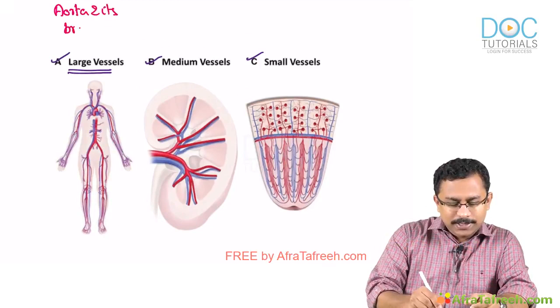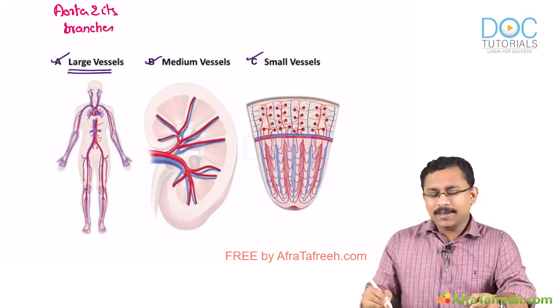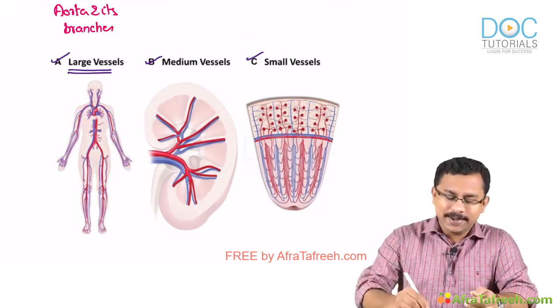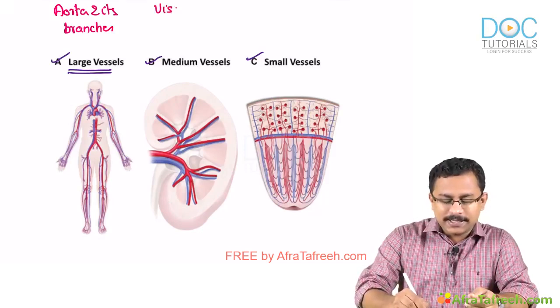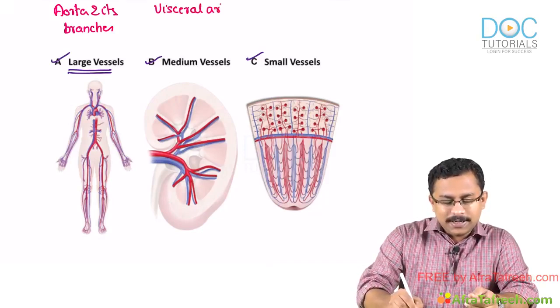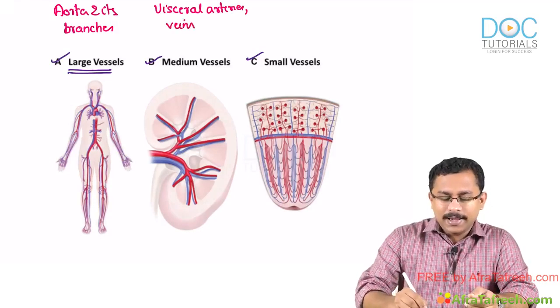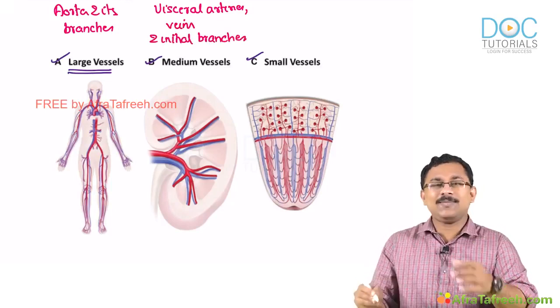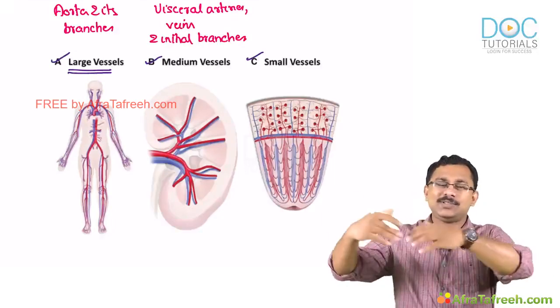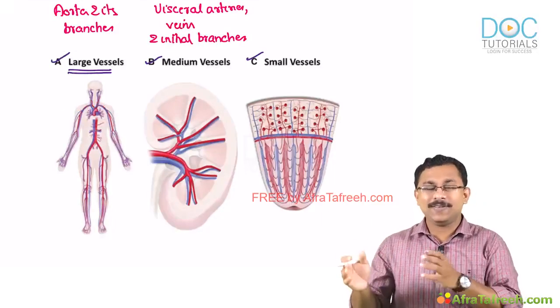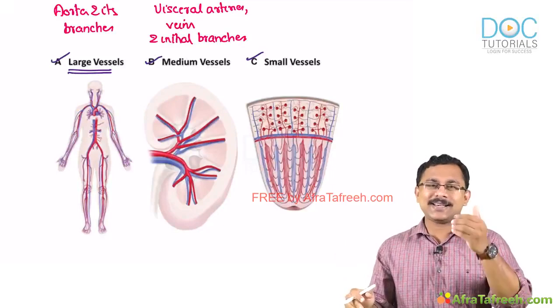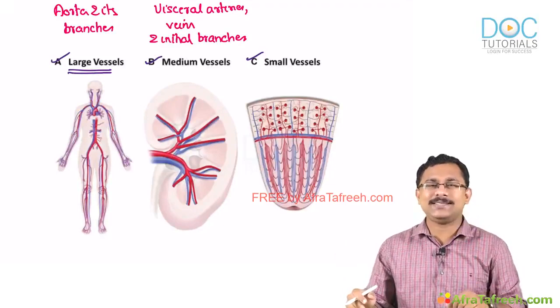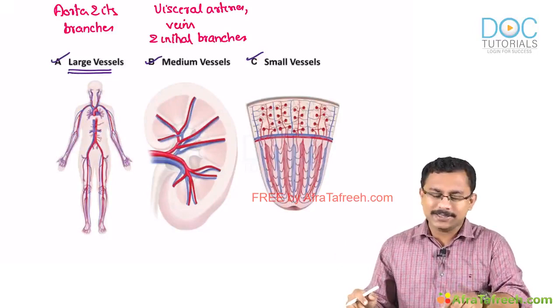And what about the medium vessels? Medium vessels means it would be the visceral arteries, the corresponding veins, okay, and their initial branches of these visceral arteries, because subsequently it would become the small vessels. So the visceral arteries, corresponding veins and the initial branches were considered as medium vessels.